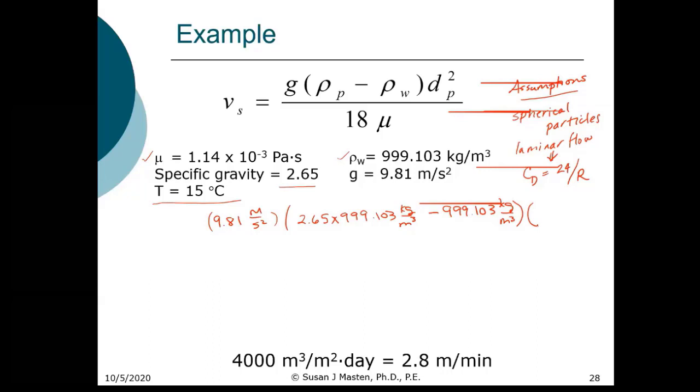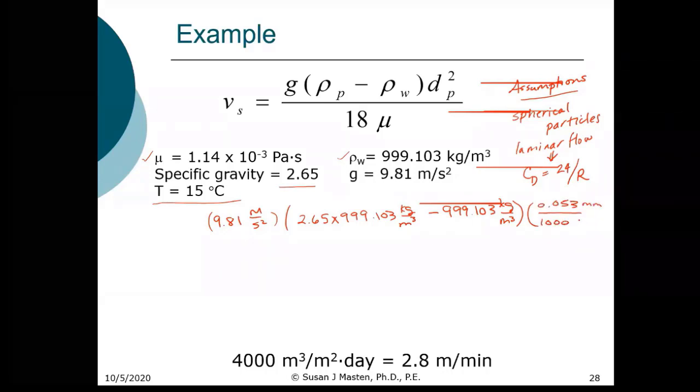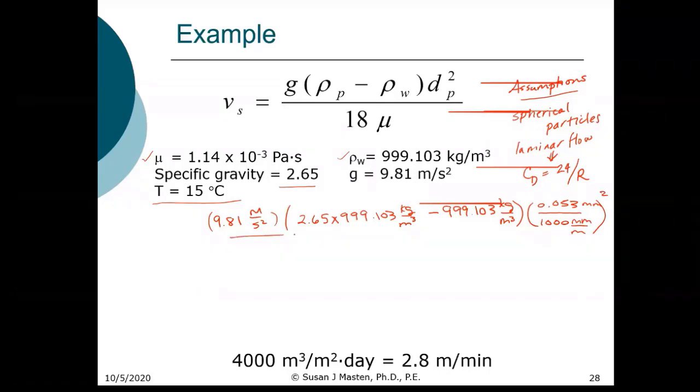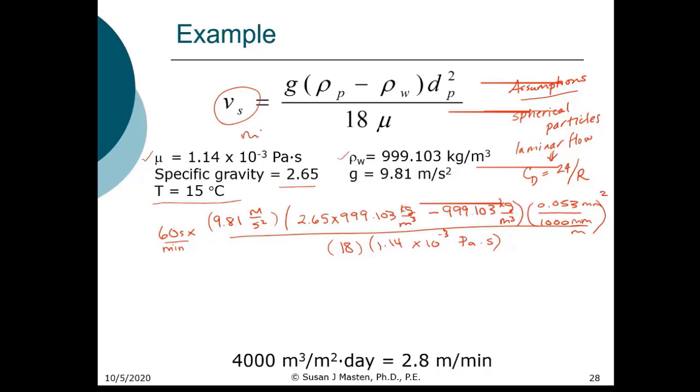Now remember, the particle size was given in millimeters, so we need to divide by 1,000 millimeters per meter, and that is squared, divided by 18 times mu. Now, if we multiply this by 60, that's 60 seconds per minute. This, as written, is in meters per second.